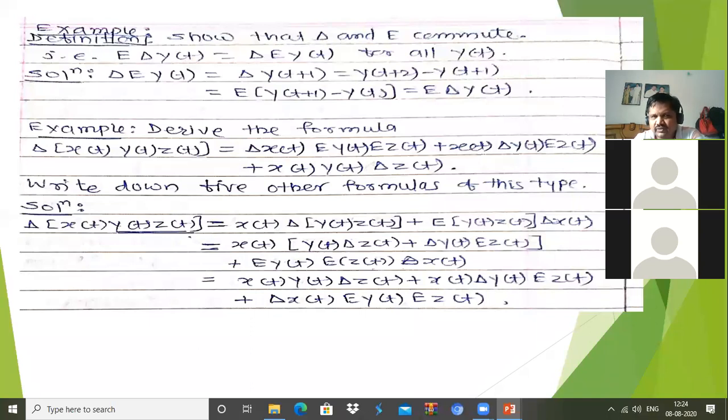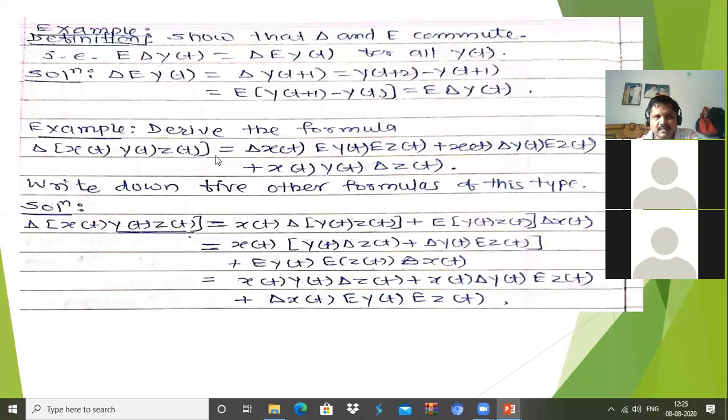In the same way, we obtain the formula for delta of xt into yt. What is that? Delta of xt into yt plus E of xt into delta yt. Or else xt into delta yt plus E of yt into delta xt. That formula we have seen. We know the product formula.